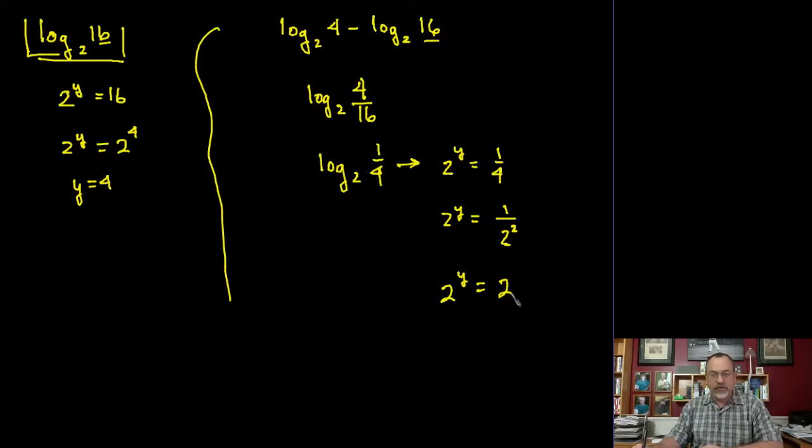So I'll have 2 to the negative 2, applying that property of exponents. Now that the bases are the same, the exponents are also equal, so this would be negative 2. So negative 2 would be this expression evaluated.